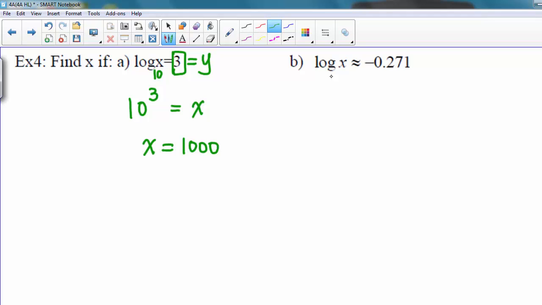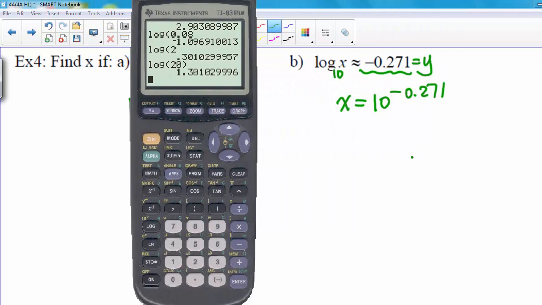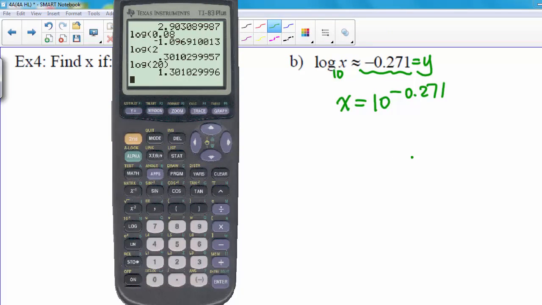The same idea as this one. Okay, this one is the y value. So my argument x equals 10 to the power of y. So my x value is 10 to the power of negative 0.271. Use the graphing calculator to help you.